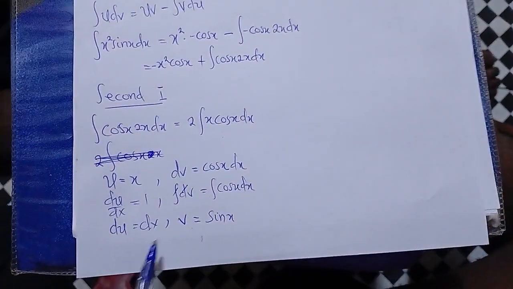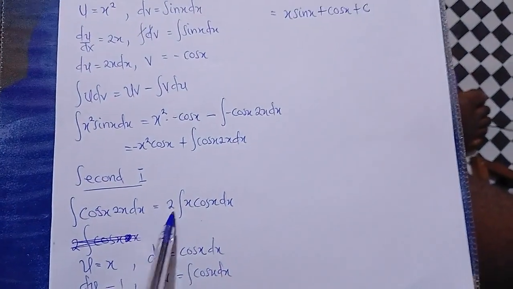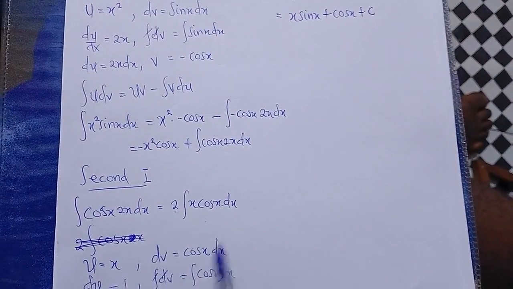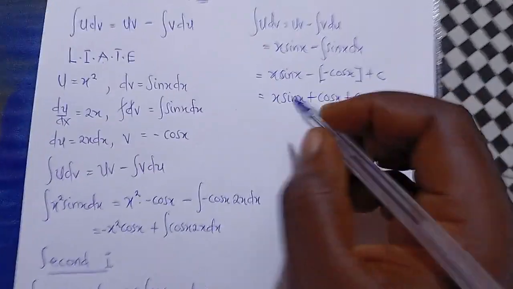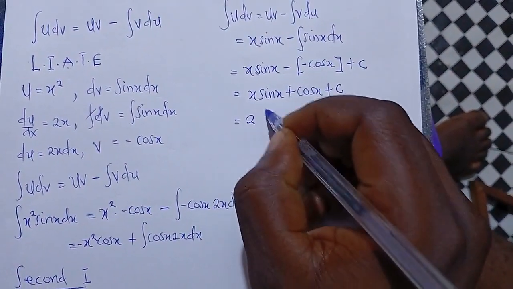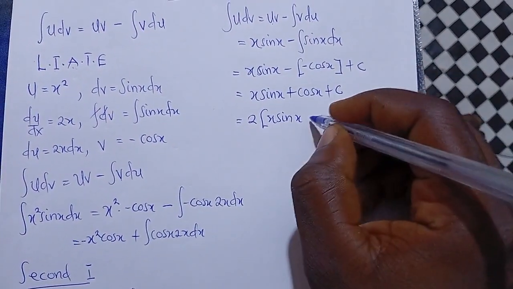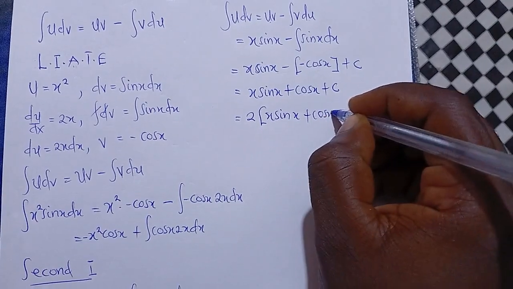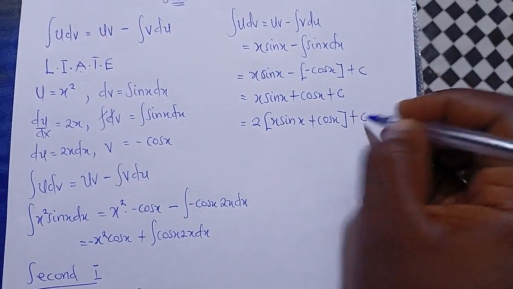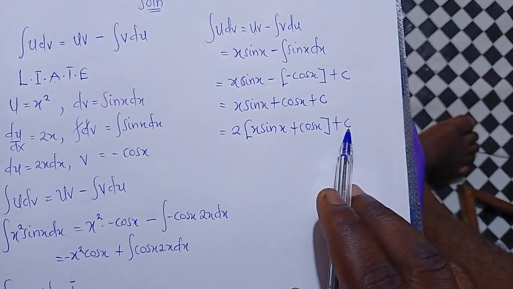Now there was a 2 in there which I factored out, so my final answer here will be 2 multiplying x sine x plus cos x plus my constant c, because it's an indefinite integral.